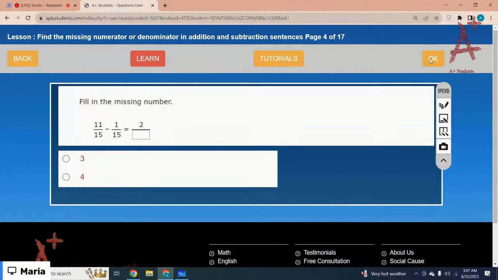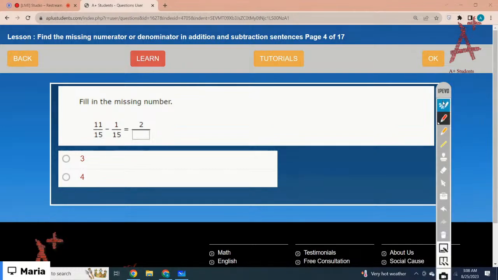Okay, fill in the missing number. So which is the correct option? 11 over 15 minus 1 over 15 equals 2 over missing number, right? So they both have the denominator 15. Sorry, 11 minus 1 is 10 over 15, right?